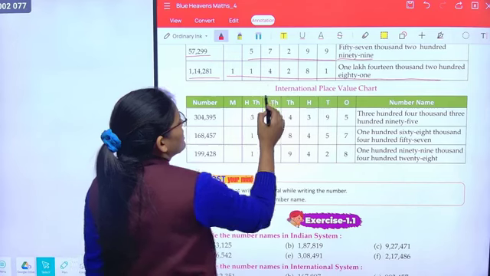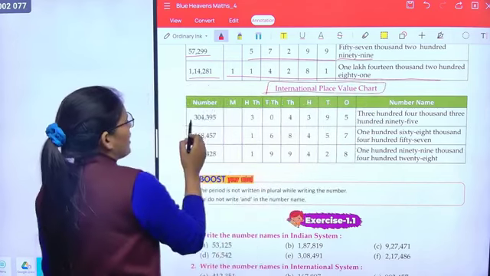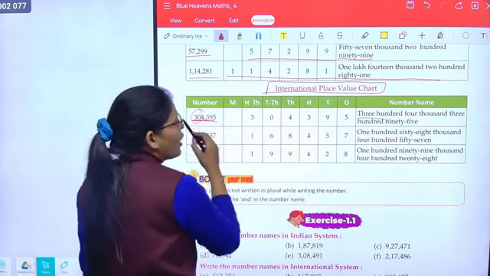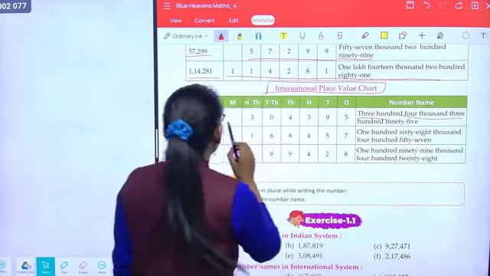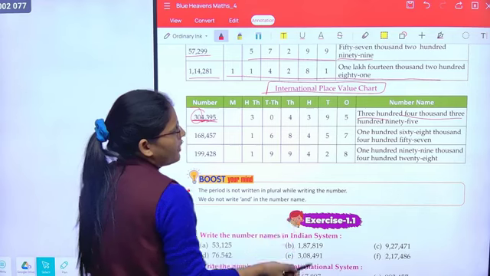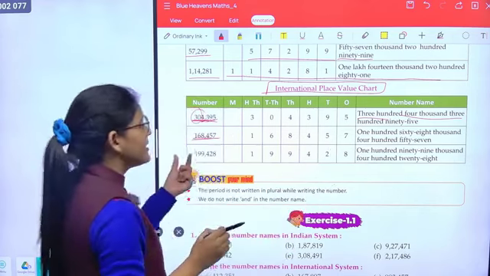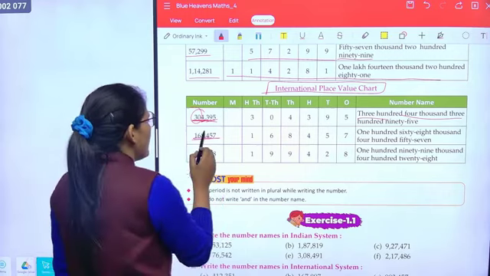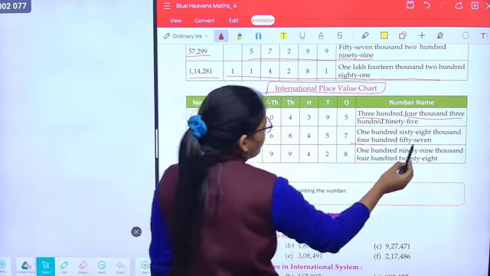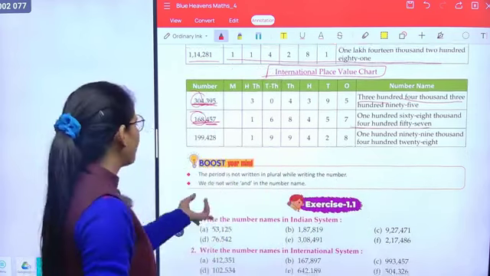Now international place value chart. It is 304,395. Now it is 168,475.